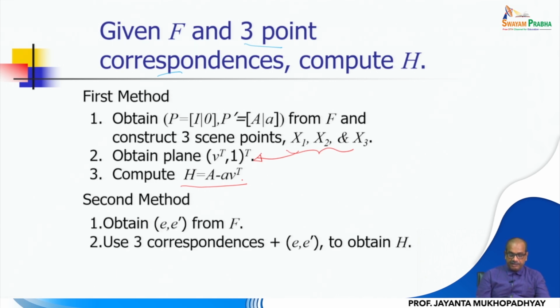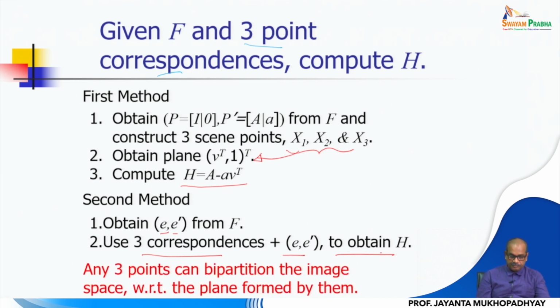Or in a second method, you can obtain the 2 epipoles, which are also corresponding points and lie on the same plane. So use these 3 correspondences and this one to obtain H. All these 4 points will have another homography. Any 3 points can bipartition the image space with respect to the plane formed by them. This is interesting because you have a plane from x1, x2, x3, and this bipartitions the 3-dimensional space.